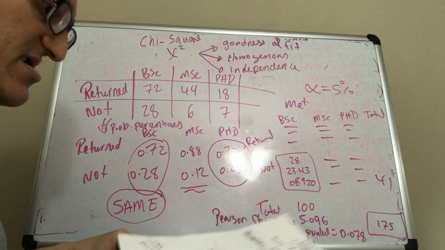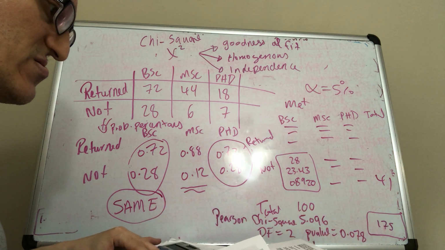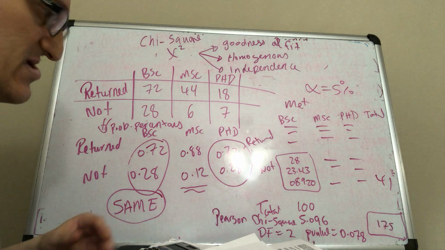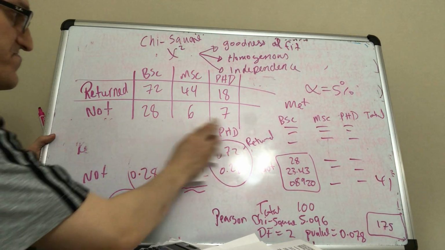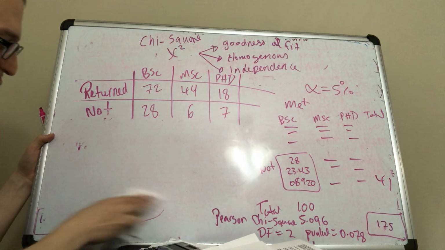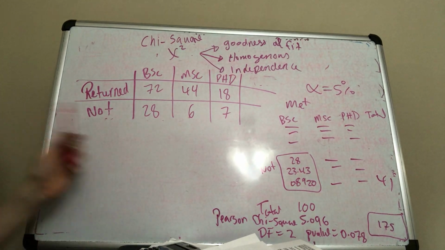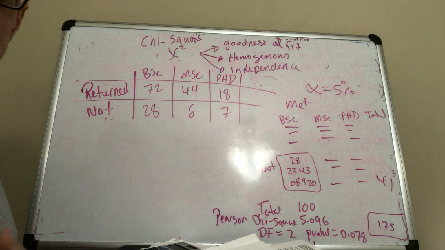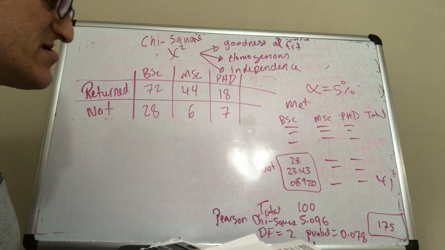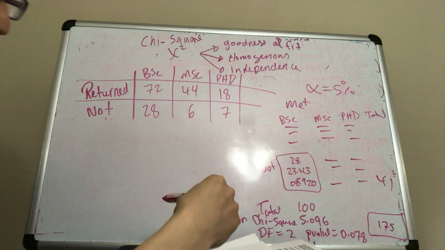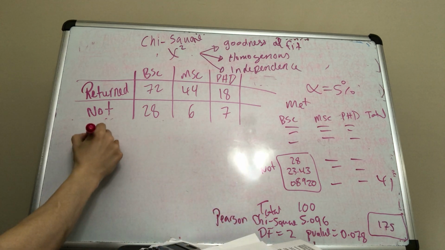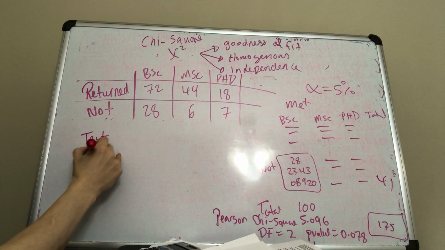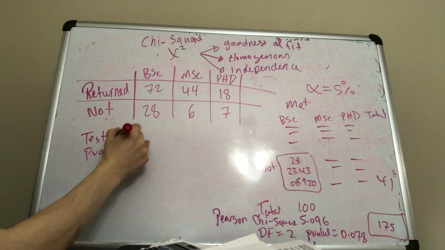The next thing after this is to assess significance. So since alpha is given, we can assess significance. Well, before this, there's a question asking you what the test is and what the p-value is.